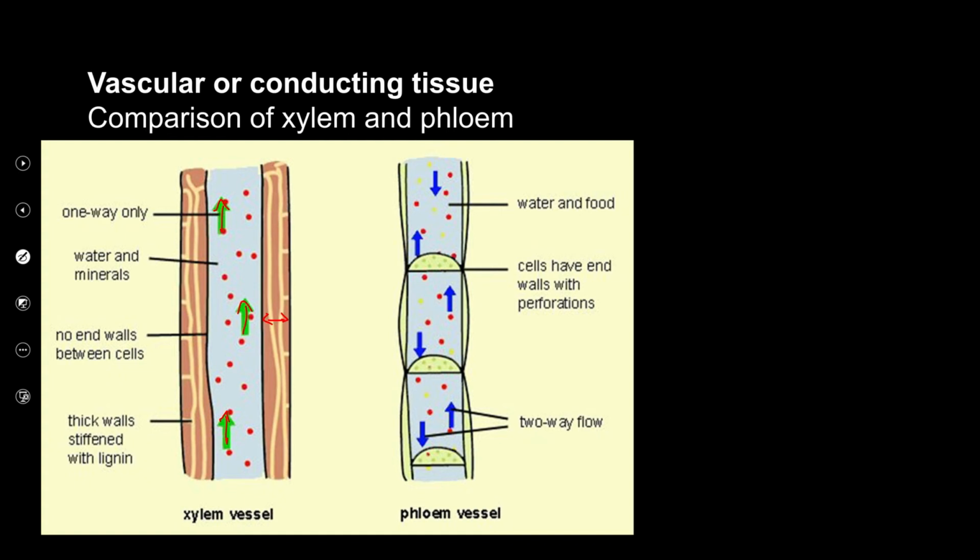This is phloem, okay, and phloem has a problem because food travels down to the roots, but at the beginning of spring, food also has to travel back up to the buds so that new leaves can be formed.